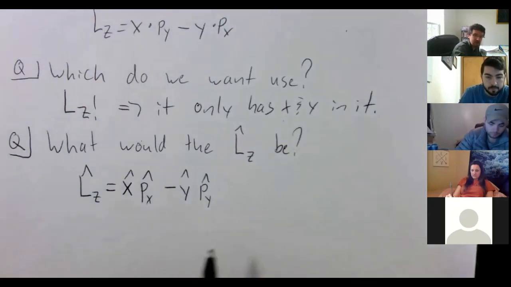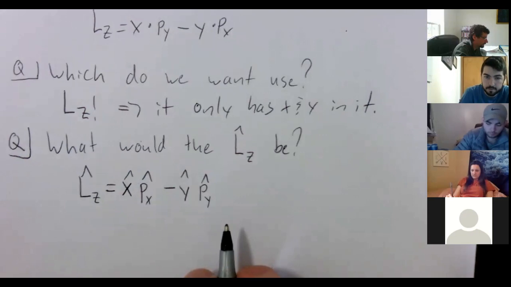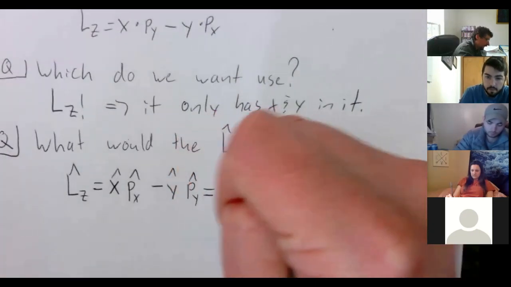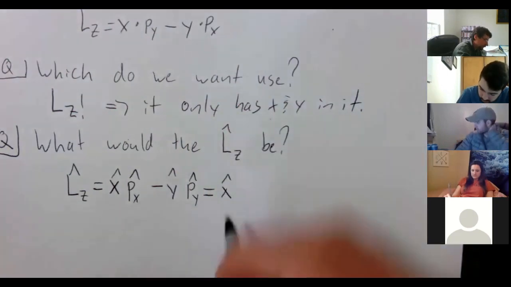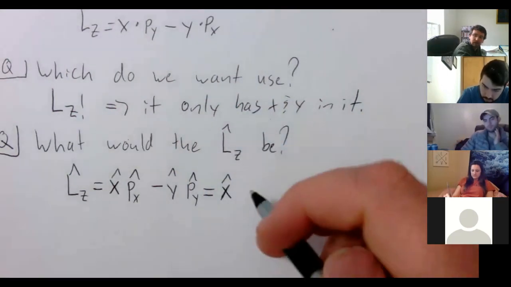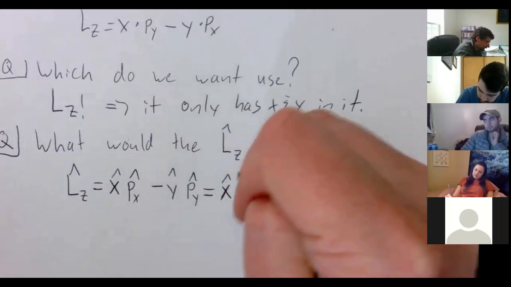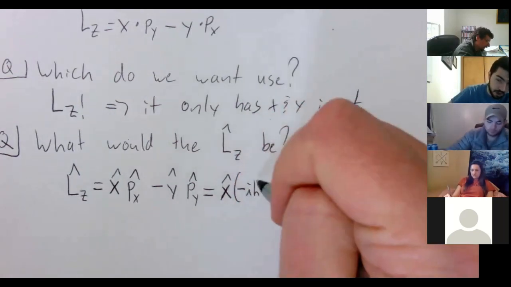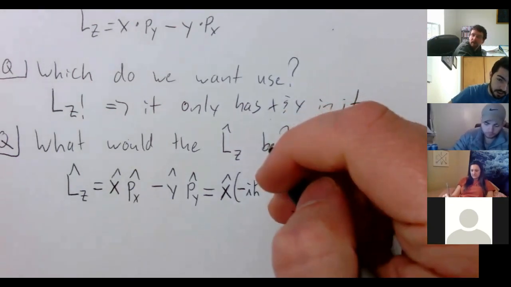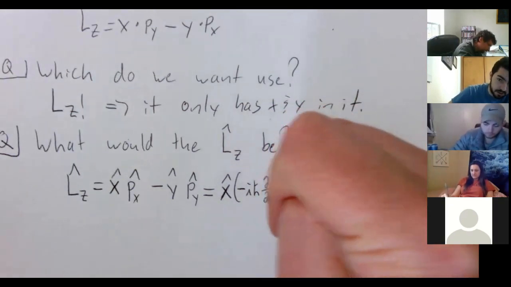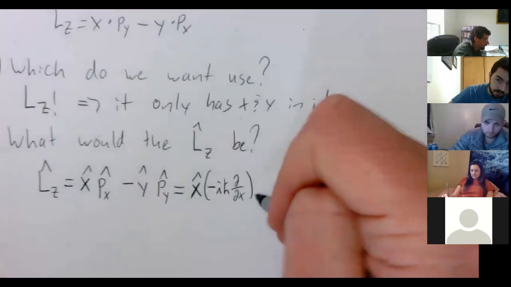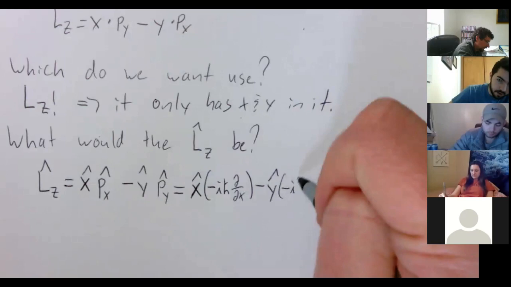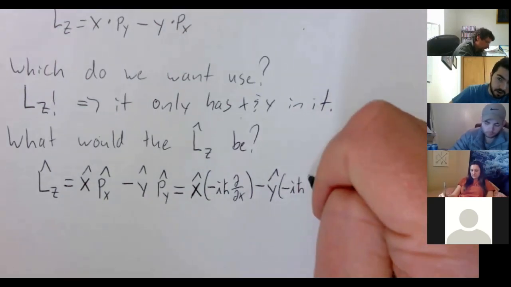All right, let's plug in for some of these operators though. We're going to leave X there. What's PY hat though? You remember? Negative i h bar d/dy. And PX hat, negative i h bar d/dx.